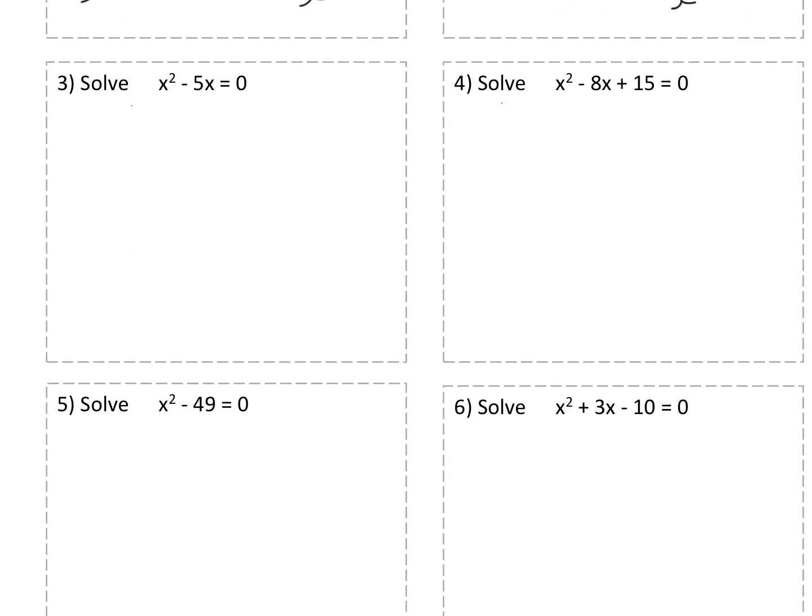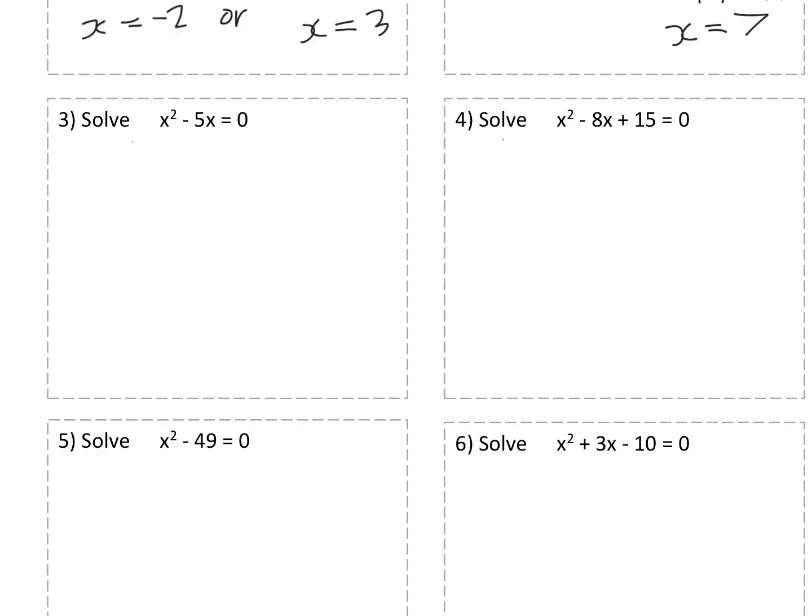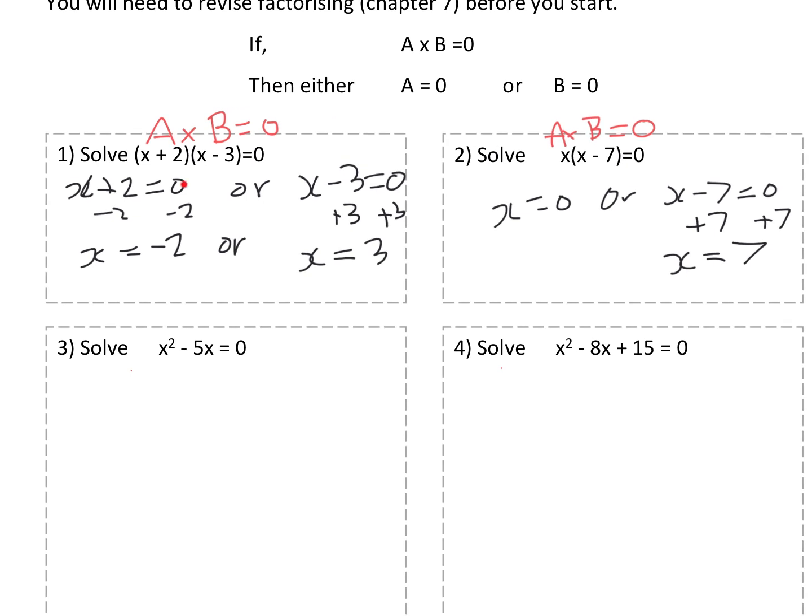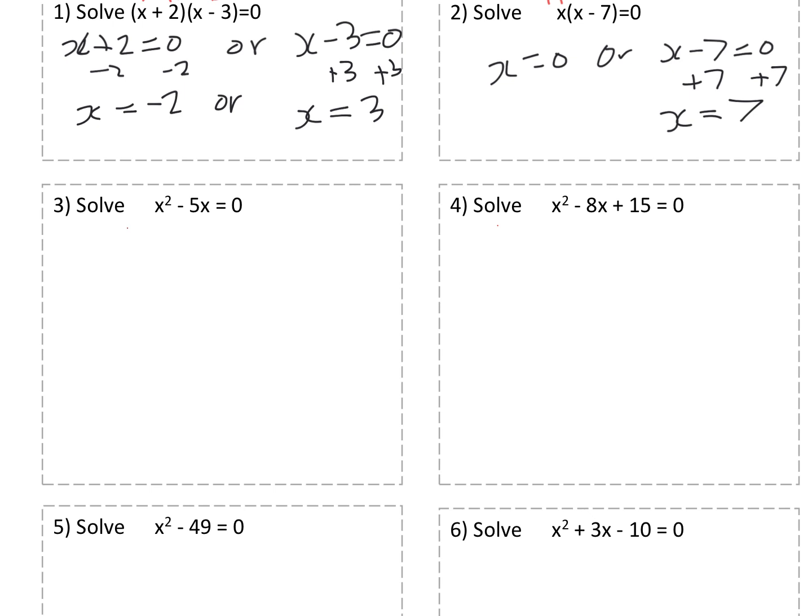Okay, if we go to number 3, this isn't one thing multiplied by another thing because it's not factorized. It's actually a difference between two terms. What we can do is factorize it to make it look like equation 1 or equation 2. So if we factorize out this one, we can see that x is a common factor, and we bring out x into a single bracket.